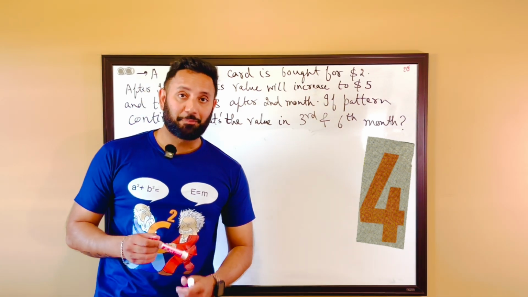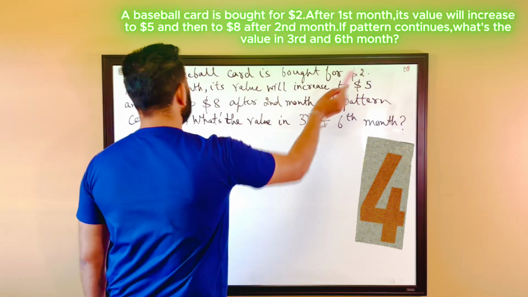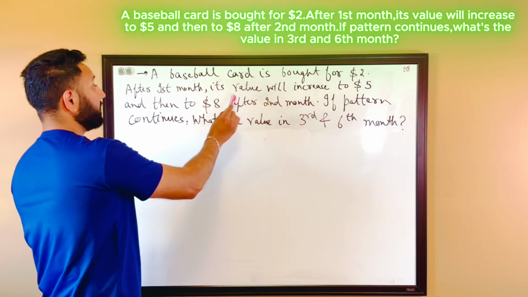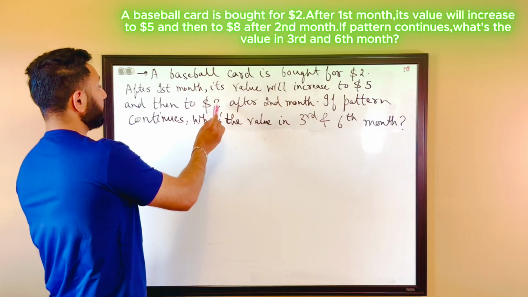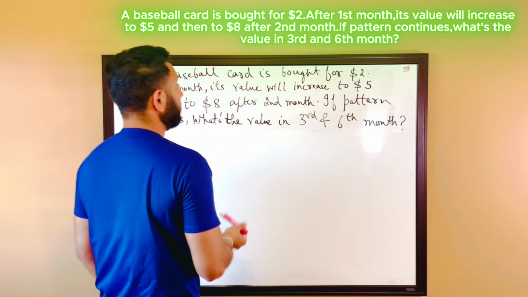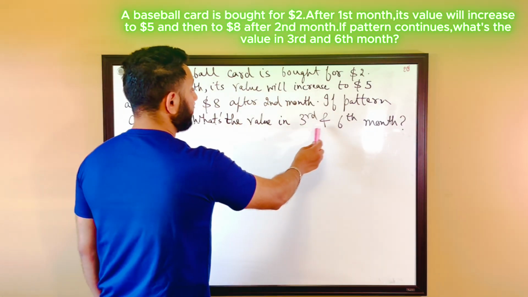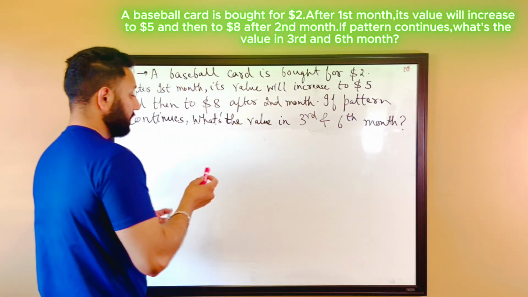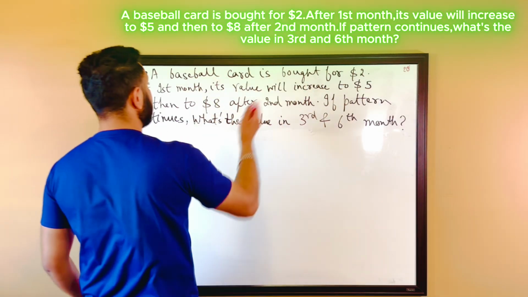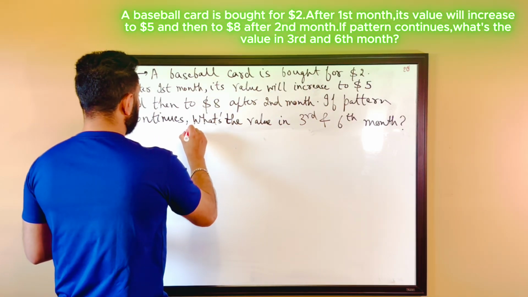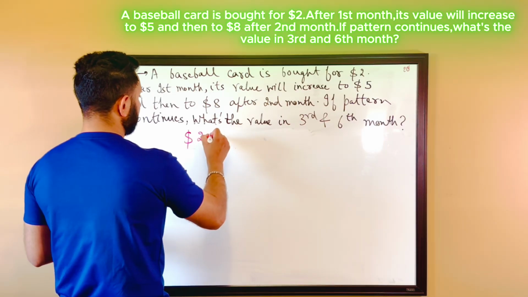Our last example for today is: a baseball card is bought for $2. After the first month, its value will increase to $5 and then to $8 after the second month. If this pattern continues, what's the value in the third and sixth month? So we are given the buying price for the baseball card, which is $2.